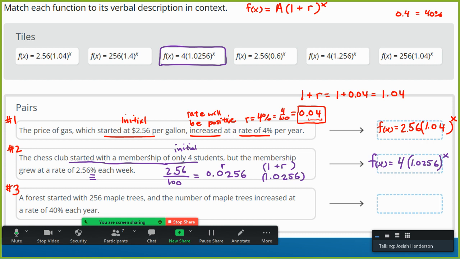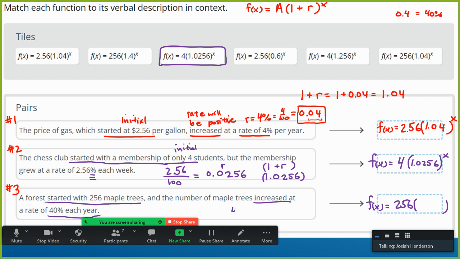Let's do number 3. A forest started with 256 maple trees, so that's our initial. And the number of maple trees increased at a rate of 40% each year. So this function would be 256 for starting amount, initial, increased at the rate of 40%.